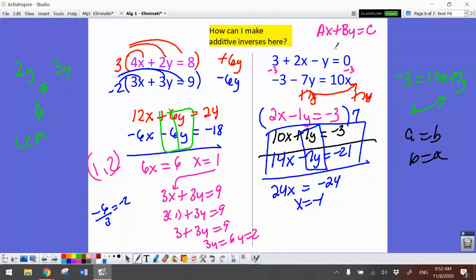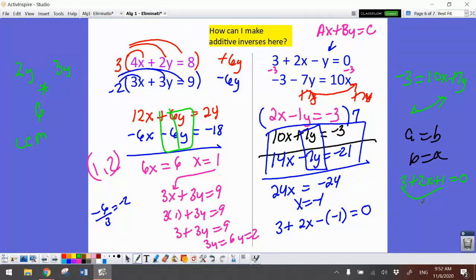Okay, so I'm going to go ahead and come up here to this blue problem. So 3 plus 2x minus, I'm going to throw in my negative 1 for the y, equals 0. And this one's going to take a little bit more work to be able to solve it, but that's okay. So I have 3 plus 2x plus 1 equals 0.